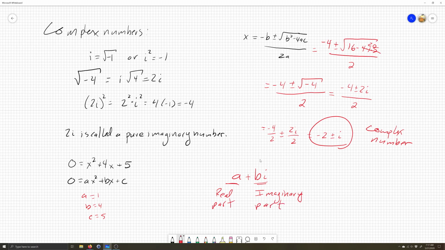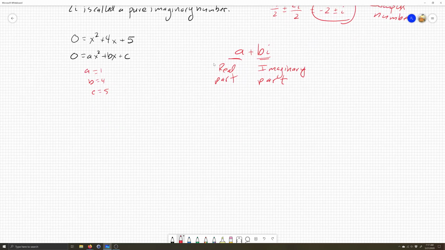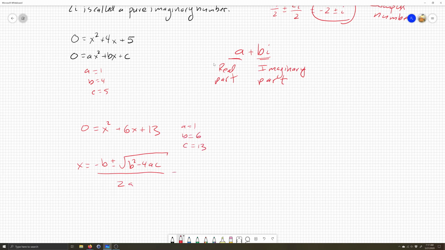So let's do another one of those real quick. Let's say I have 0 equals x squared plus 6x plus 13. So the quadratic formula says x is -b plus or minus the square root of b squared minus 4ac all over 2a, where a is 1, b is 6, c is 13.